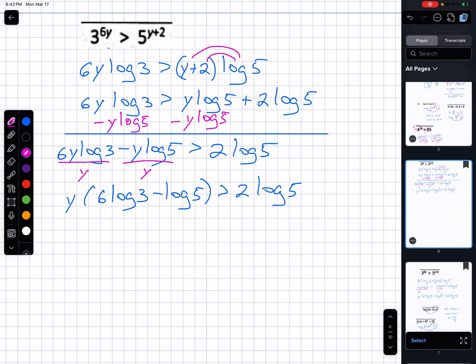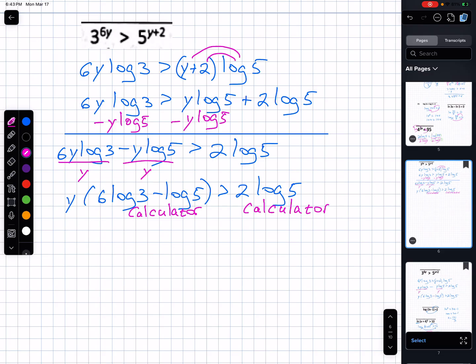Now this part right here, I just put right into the calculator. So in your calculator, do 6 log 3 minus log 5. As soon as we have just a log and a number multiplied, you can put the whole thing in there.